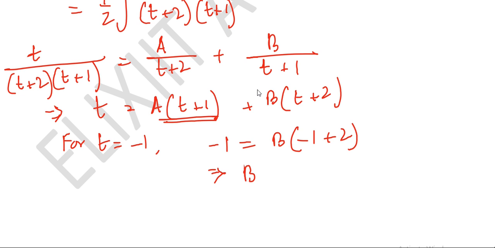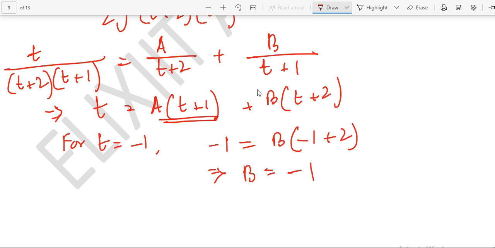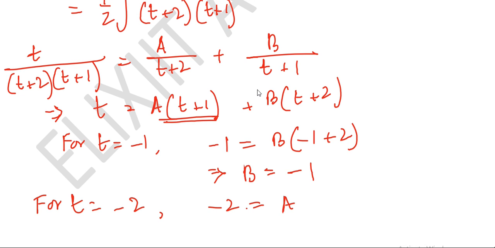So b is minus 1. And for t equals minus 2, we have minus 2 equals a multiplied by minus 2 plus 1, so minus 2 plus 1 is again minus 1. So we have a as 2.